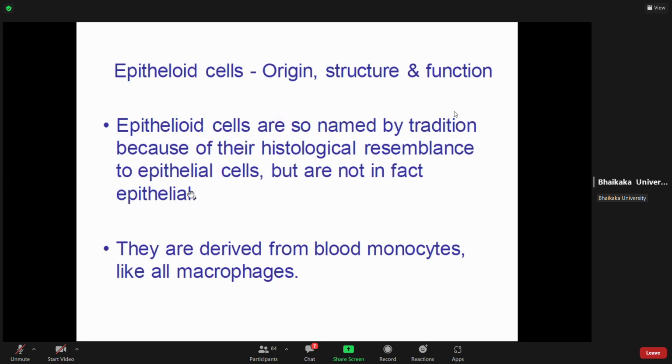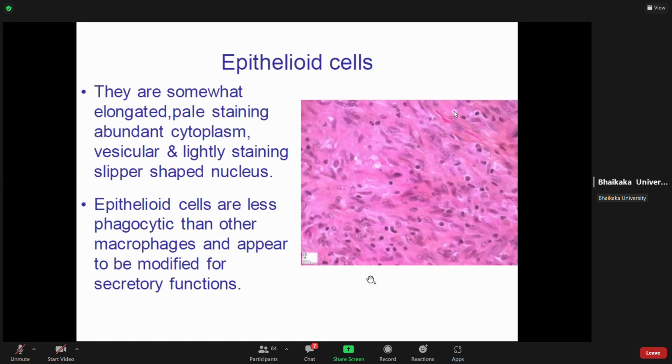Originally they are macrophages, activated macrophages, and they are derived from blood monocytes. Remember, when they are in blood, they are monocytes. When they are in tissues, they are macrophages. Now we will look at the structure, having seen the origin. On the right side, you can see the microscopic, high power view of the tissue which contains these.